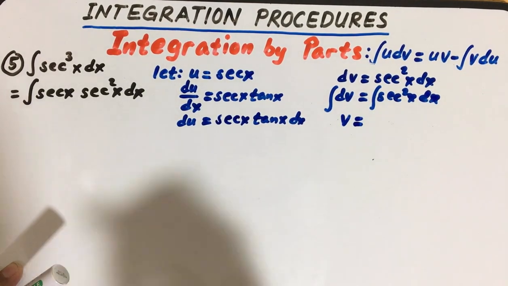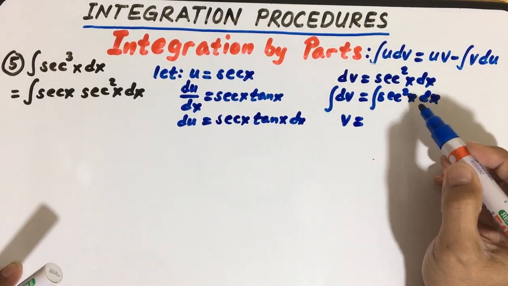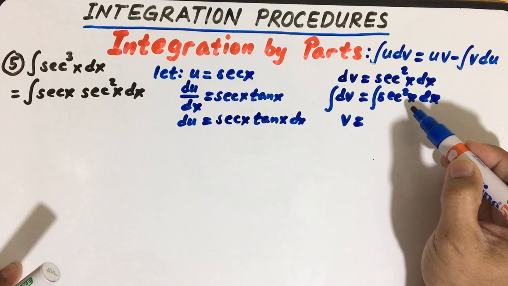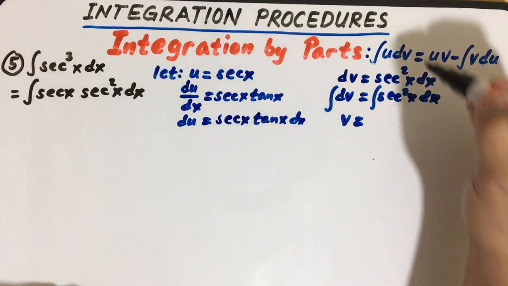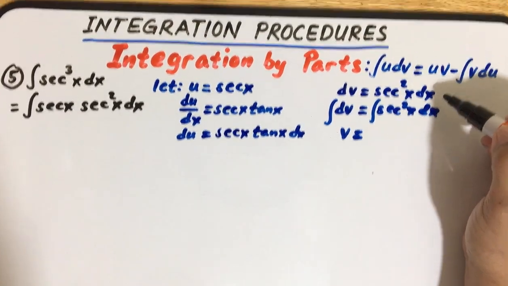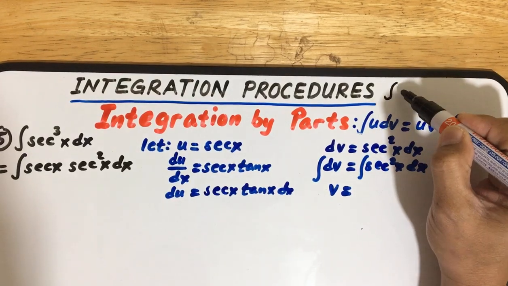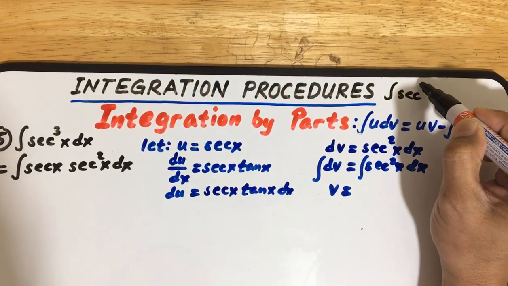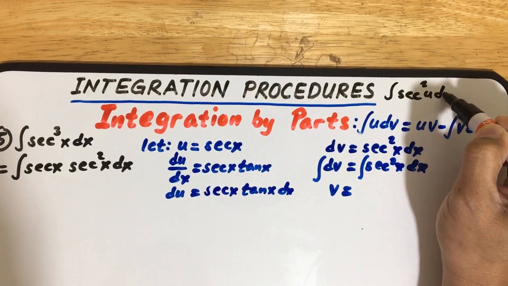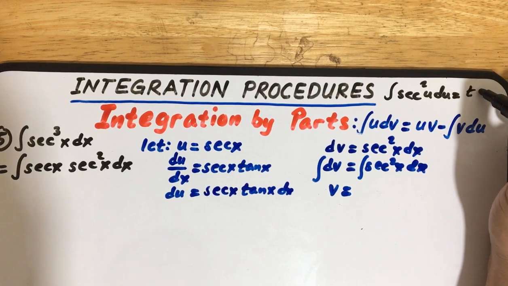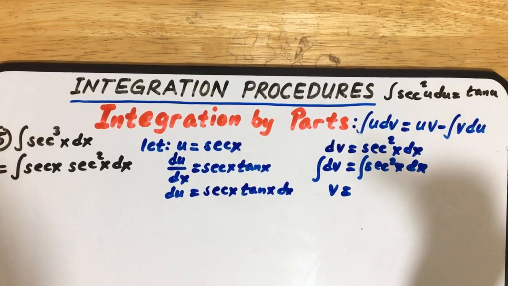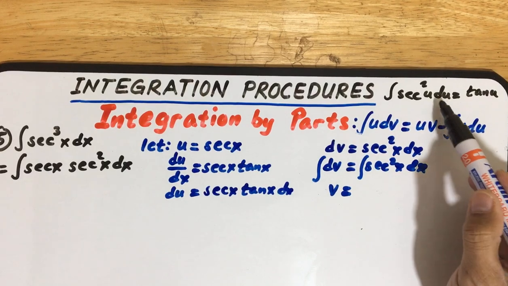Now, as mentioned earlier in the previous examples, we need to check if we can use a formula from our integral calculus: the integral of secant squared u du is equal to tangent u. Of course you need to check if you have a perfect du.